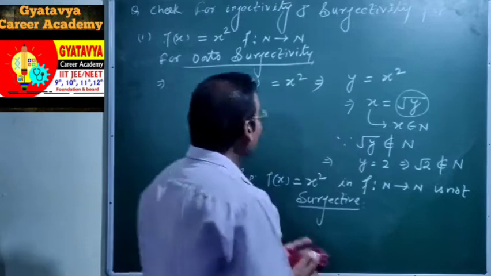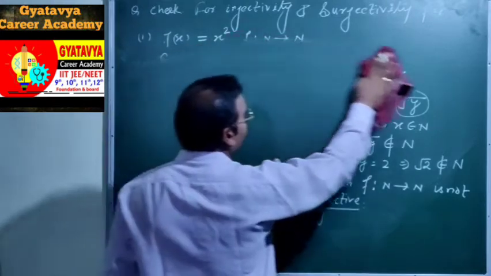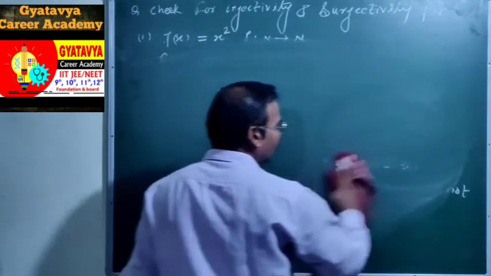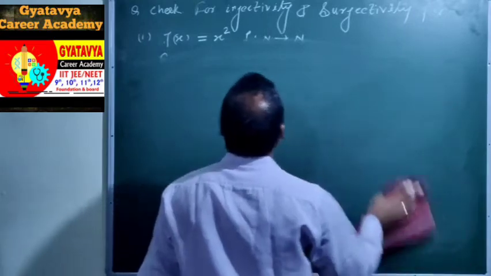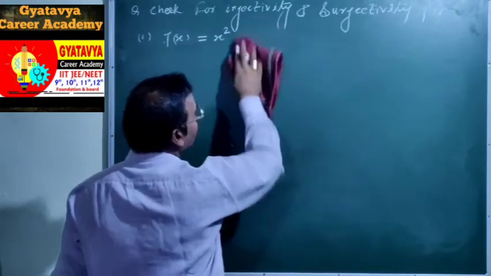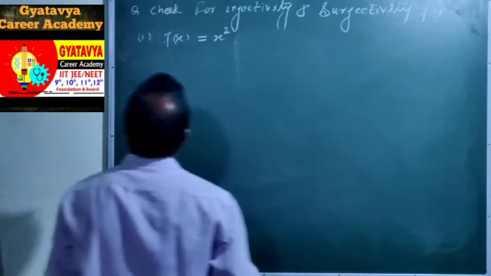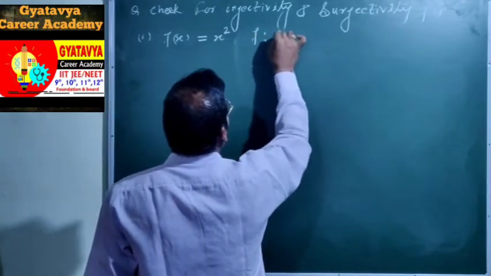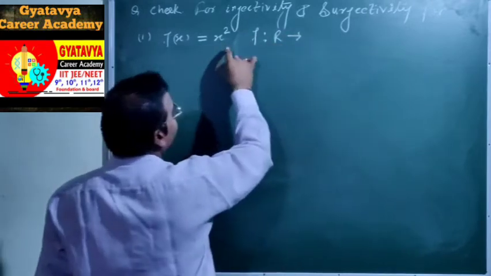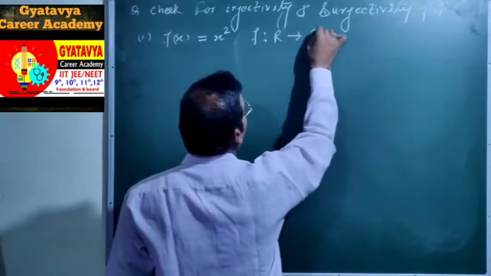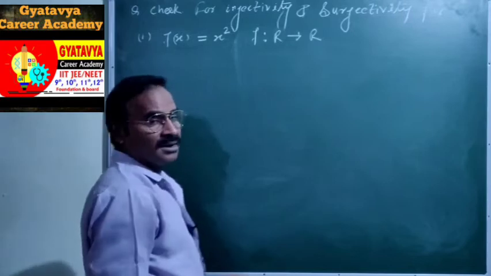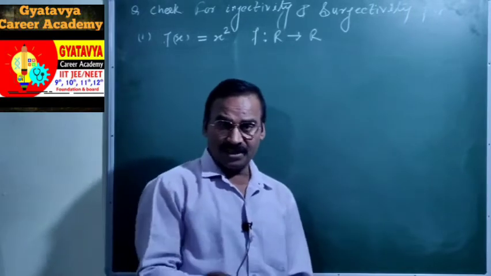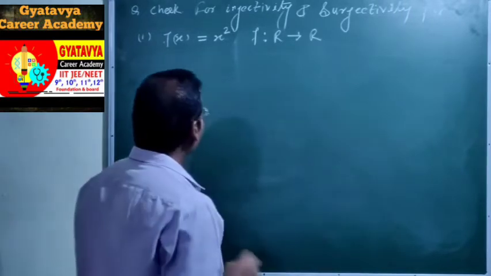Now let us see the second problem, if the domain and codomain are interchanged. If the function is given f(x) equal to x square, where f: R to R, the domain is the real numbers and the codomain is also the real numbers.